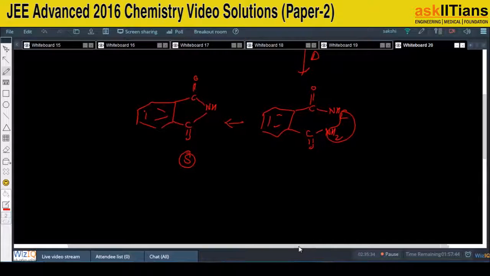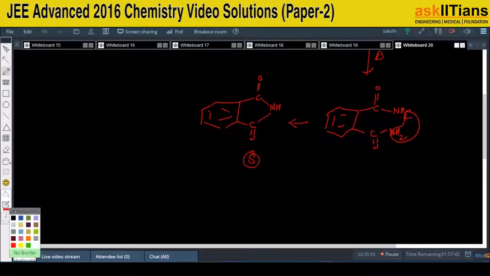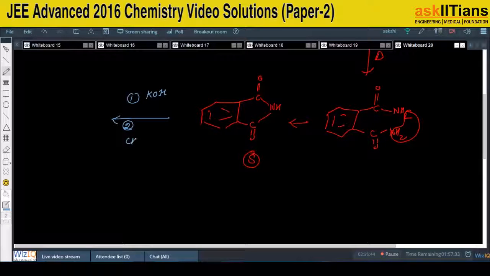Now if I go further with the statement, this compound S, as per the question, is treated first with KOH, and then with CH3CHBrCOOEt. You should all remember that going from S to T is nothing but all the steps of the Gabriel phthalimide synthesis reaction.